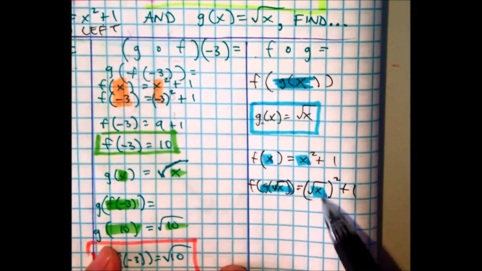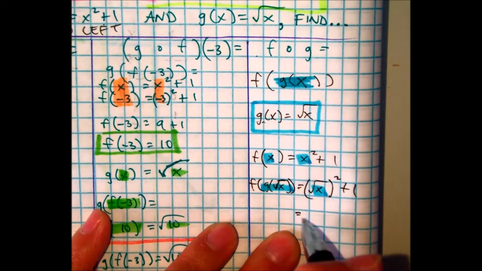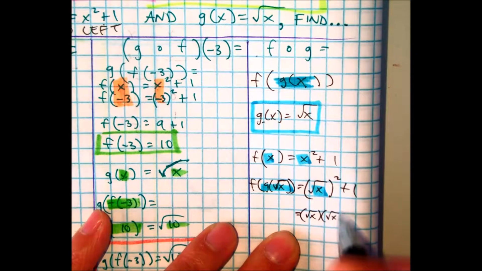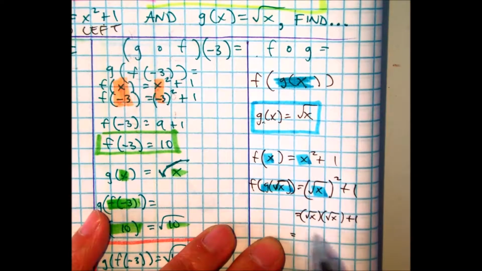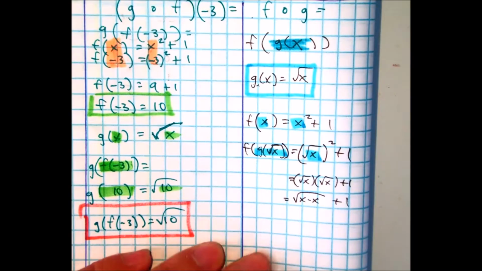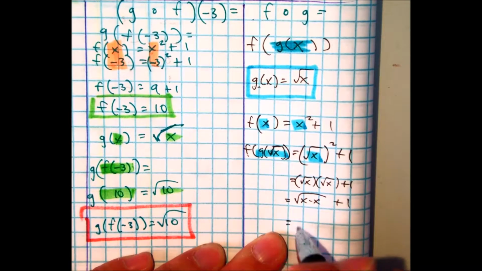What does that mean? How many of these do you have? You have 2 of them. Square root of x times square root of x. Well, you can put them in the same house. Class, are they a pair? Yeah, so you're just left with x plus 1.